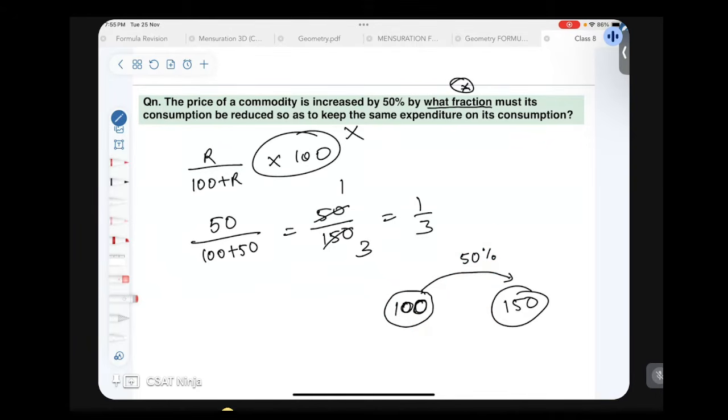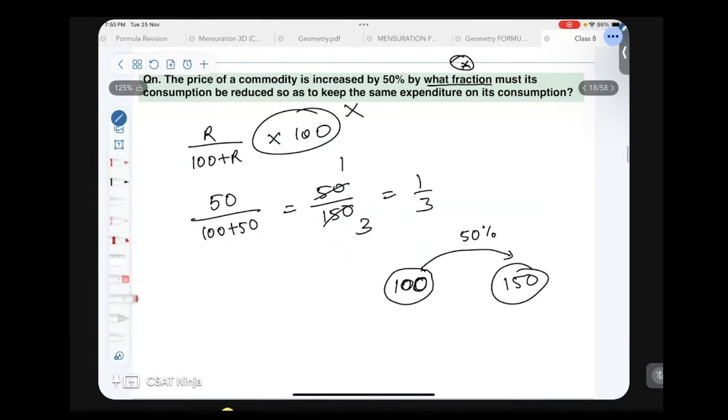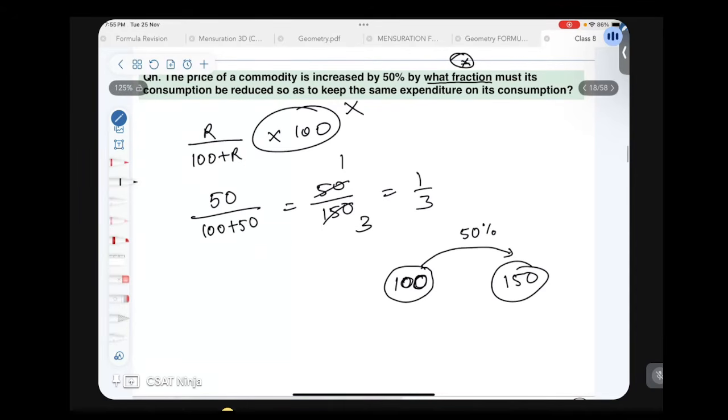The trick to this type of question is, I can write it this way. From 100, your new value is 150. So the simple shortcut way is just this. You just reverse this one.